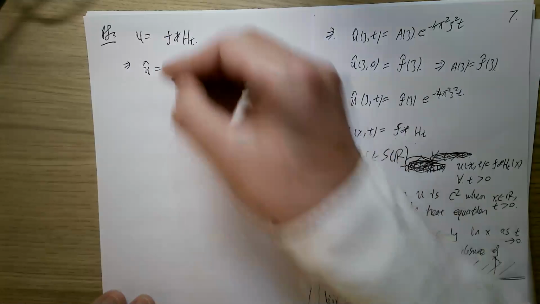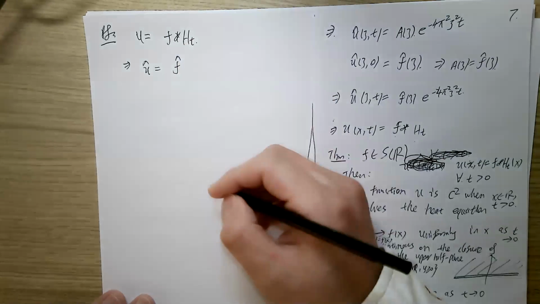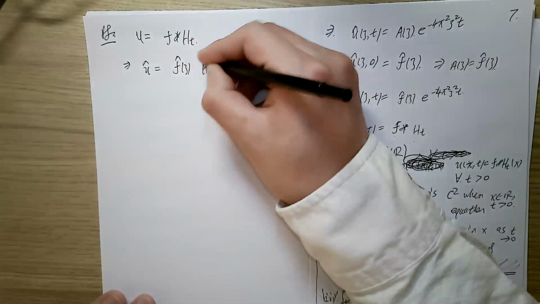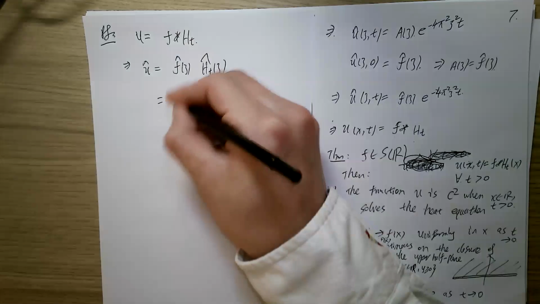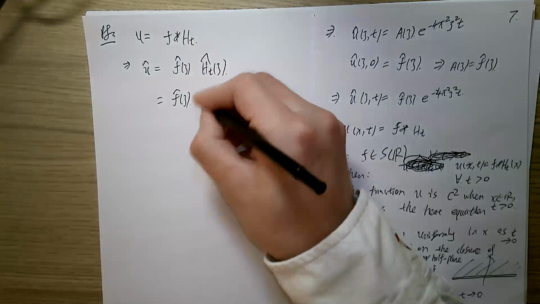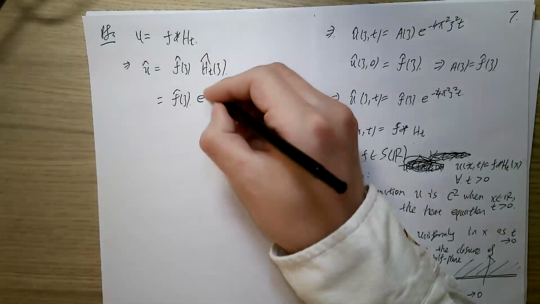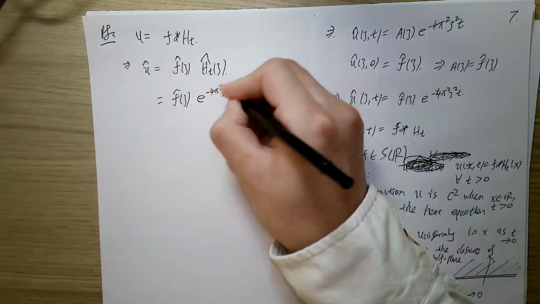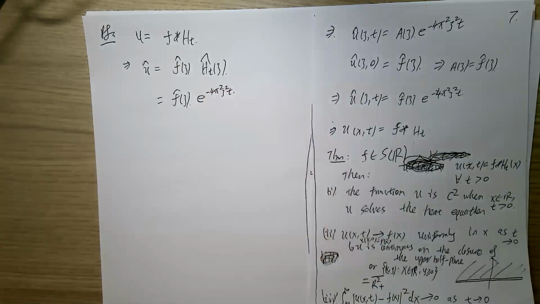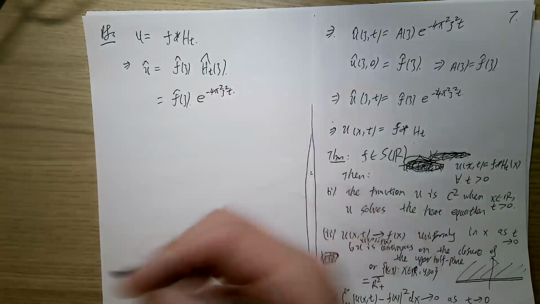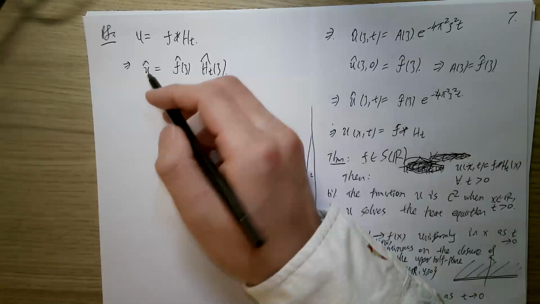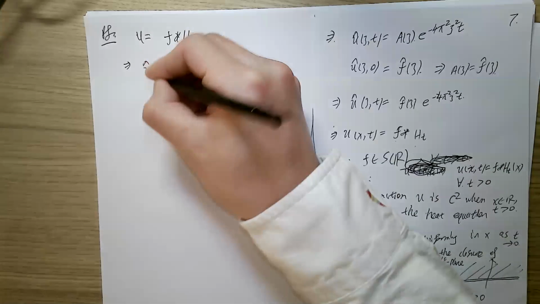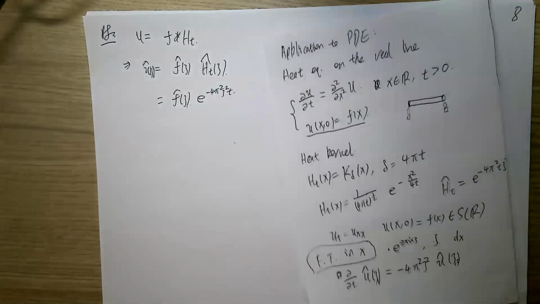Well, u hat is f hat times h hat, and this indeed becomes this thing. Right? So we must have this u hat satisfy this ODE.